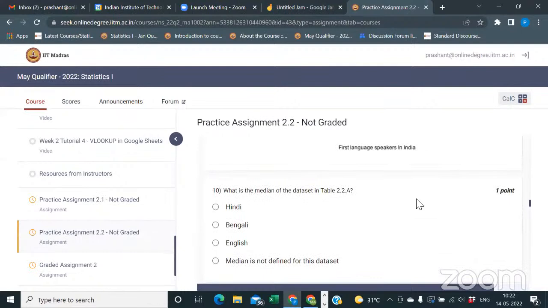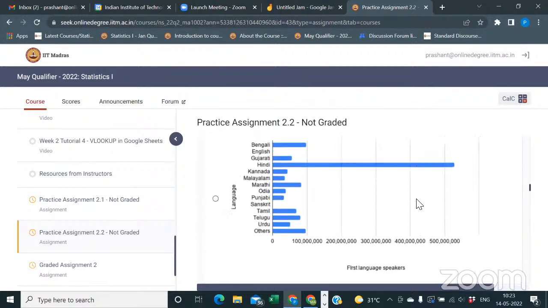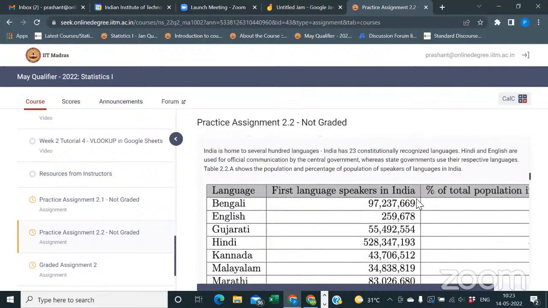Can you arrange the languages Hindi, Bengali, English? No, but I can arrange the data set by the number of speakers. Just tell me what the data is about. It's about the first language speakers in India. Data is all about the languages.